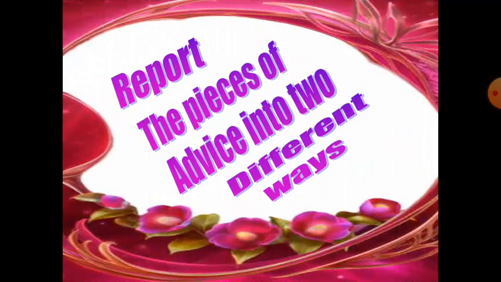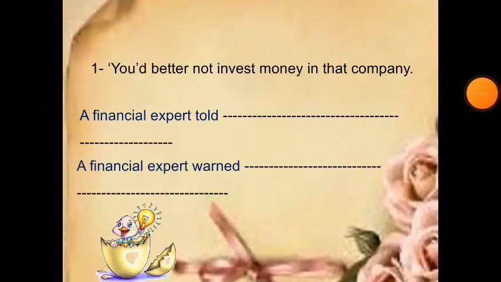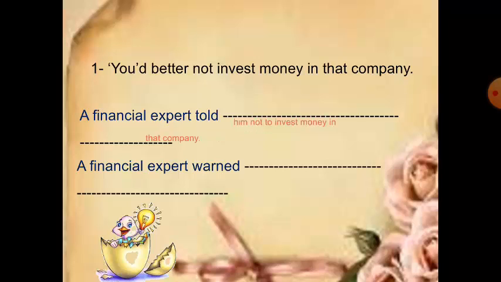Okay, now let's go to the exercise. Report the pieces of advice into two different ways. Sometimes we can use three structures. The first sentence, you had better not invest money in that company. A financial expert told him not to invest money in that company.